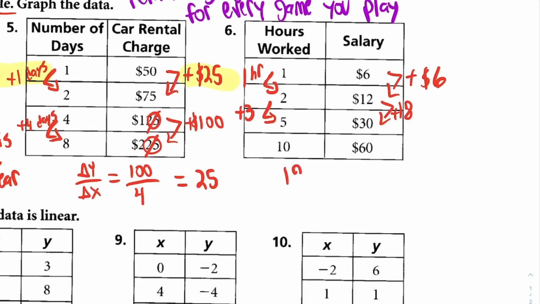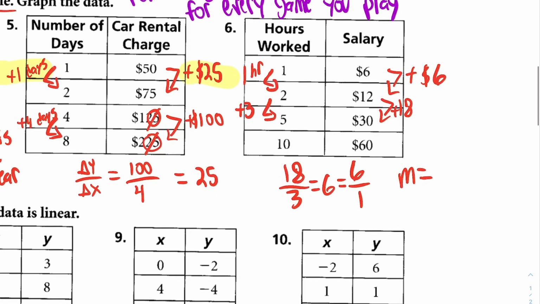So we should get the same thing if we do 18 divided by 3 that we get if we do 6 divided by 1. How much is 18 divided by 3? The answer is 6. How much is 6 divided by 1? It's also 6. So that means the slope, or the rate of change, for this table is $6 per hour.